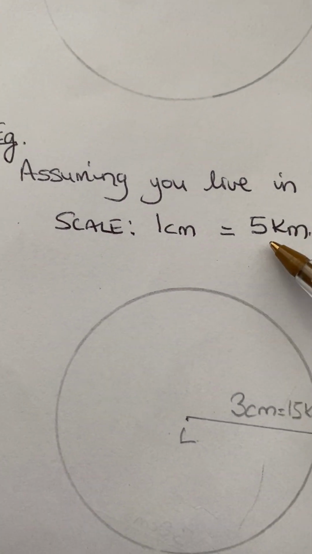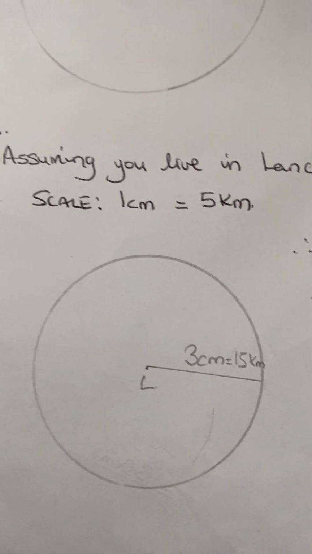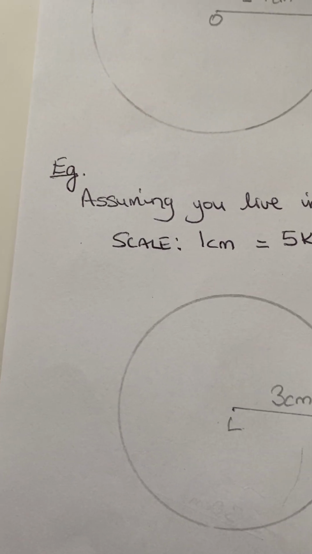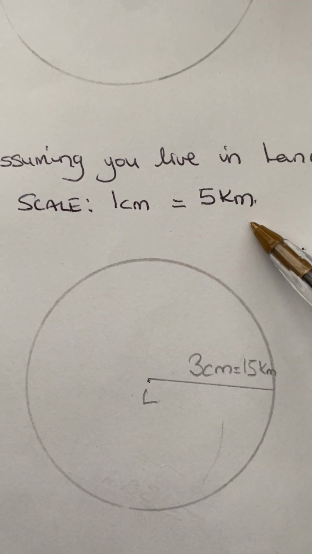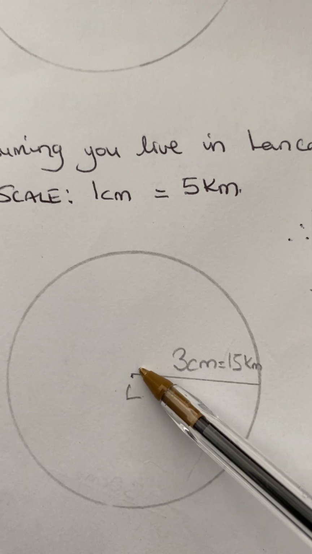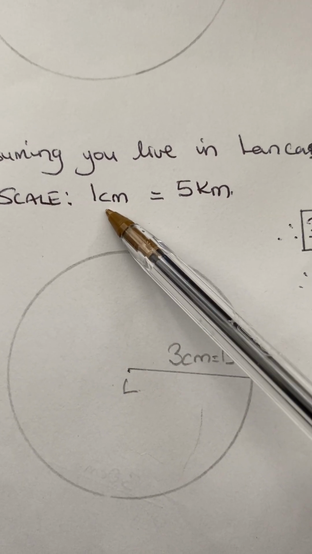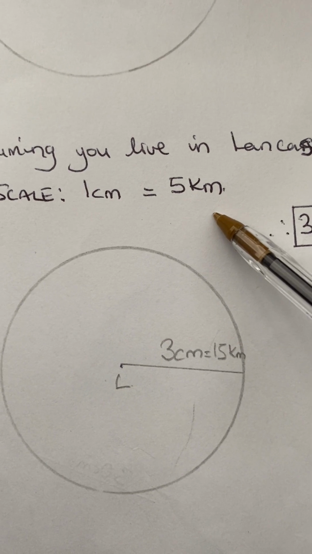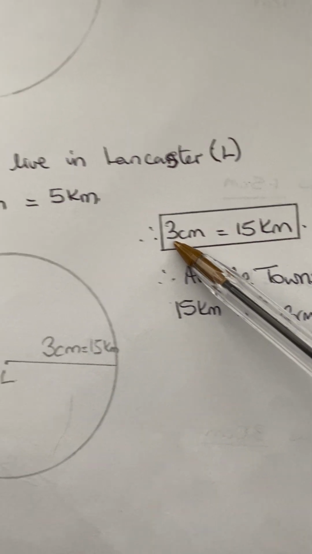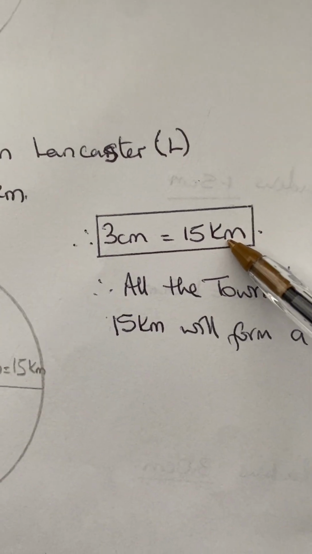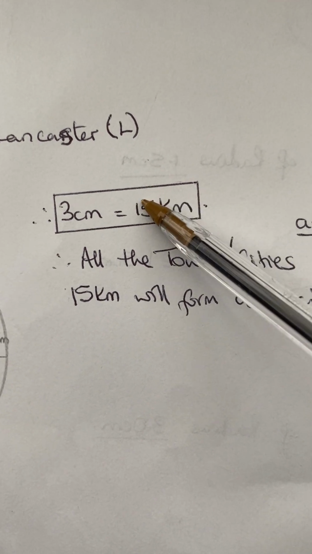Assuming you live in Lancaster, now we are bringing it to real life, and your scale here is 1 centimeter to 5 kilometers. So Lancaster is here. You've been told 1 centimeter will be 5 kilometers, so 3 centimeters around Lancaster in actuality is 15 kilometers.